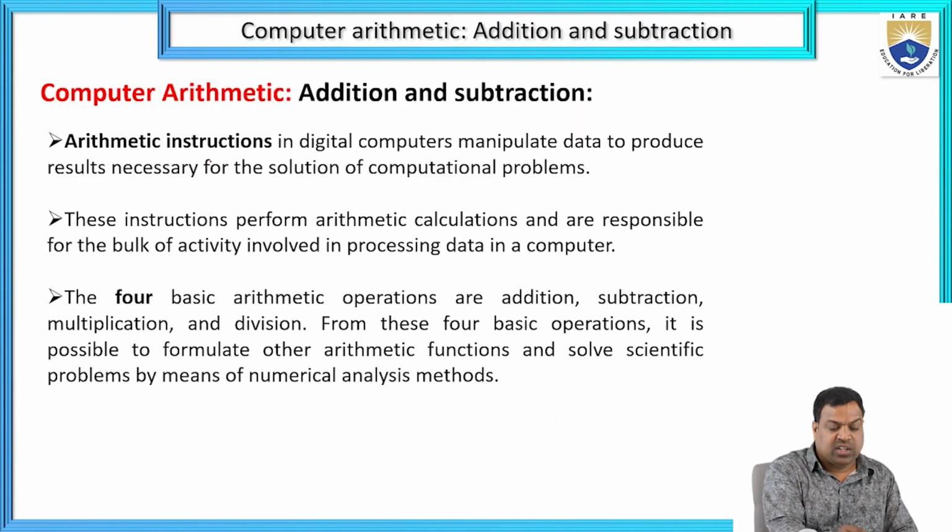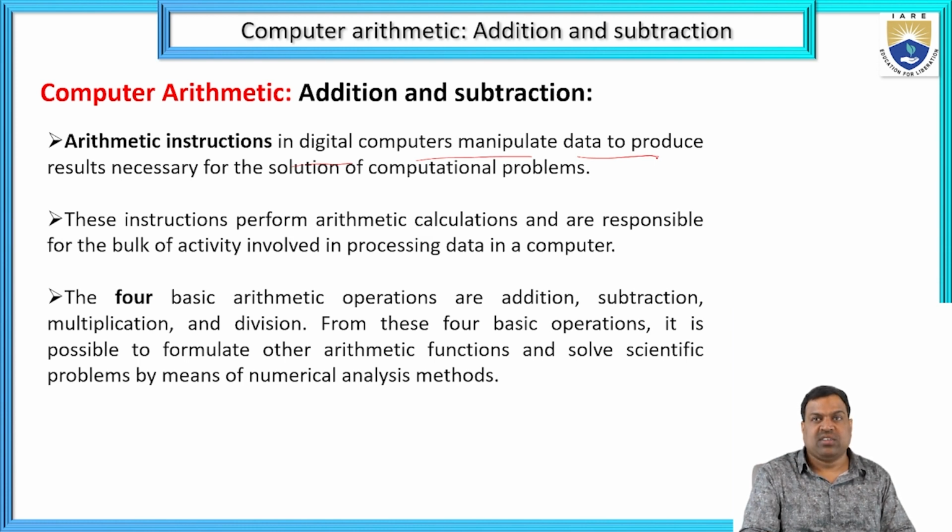The arithmetic instructions in digital computers manipulate data to produce results necessary for the solution of computational problems. The instructions perform arithmetic calculations and are responsible for the bulk of activities involved in processing data in a computer. So for the addition of two numbers, it will be calculating on the two registers. That is an arithmetic operation with calculations.